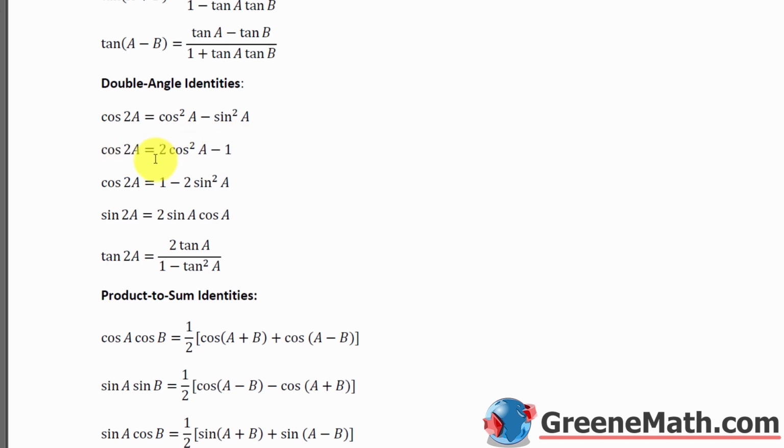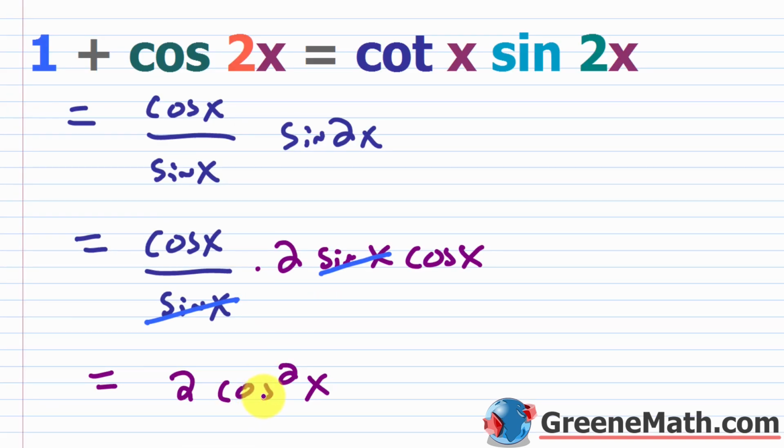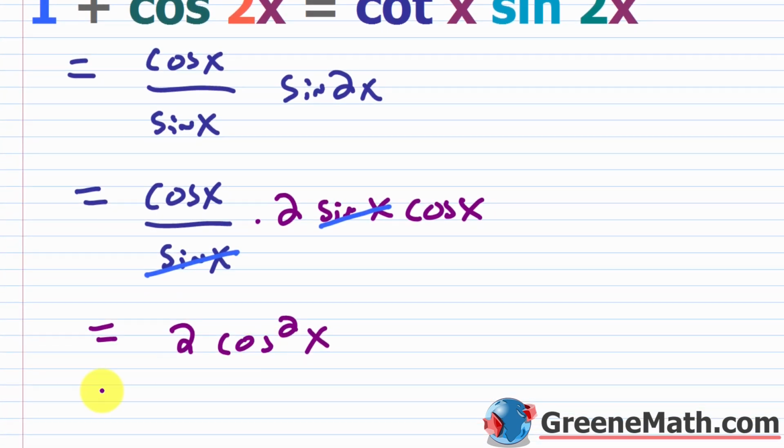If I add 1 to each side, it's exactly what I'm looking for, right? Cosine of 2a plus 1 is equal to 2 times cosine squared of a, okay? So I'm just going to replace this guy right here with its alternative form. I'm going to say this is equal to 1 plus the cosine of 2x. Okay, so straight from your identities handout, we'll go ahead and put a check mark there because we're done.